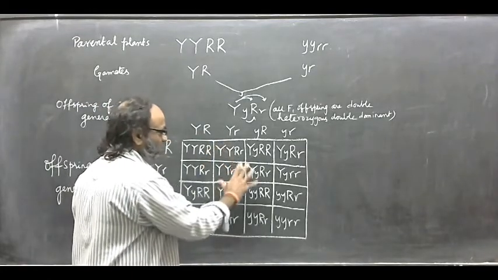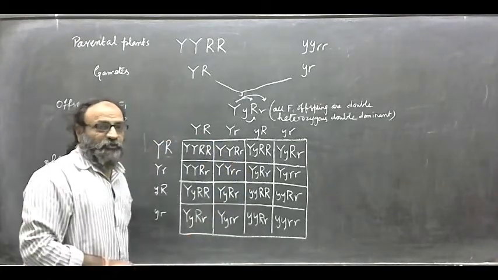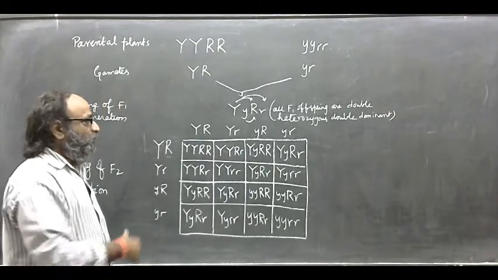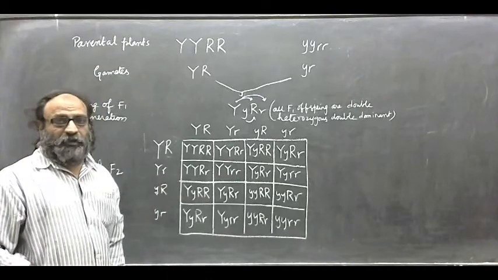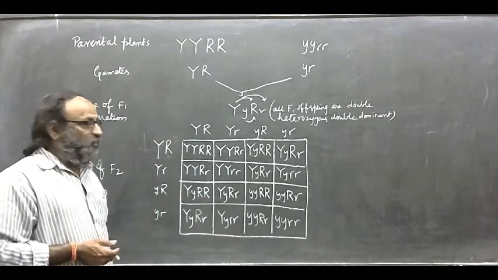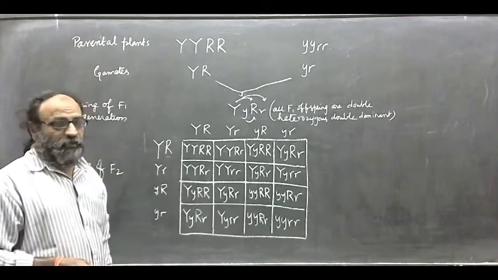Now let us analyze this Punnett square, or Punnett checkerboard, and try to get the dihybrid phenotypic ratio and dihybrid genotypic ratio.